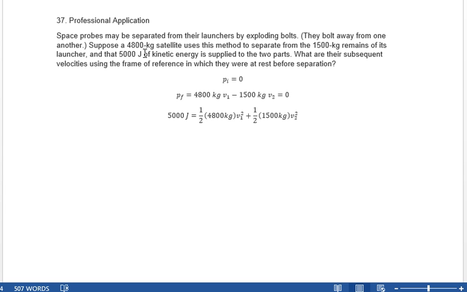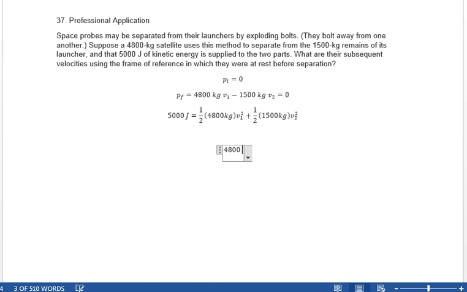So from this first equation right here, 4,800 times V1 minus 1,500 times V2 equals 0, right? We can rewrite that.